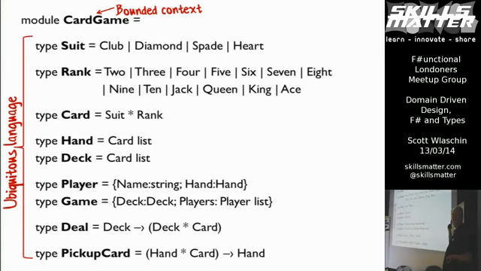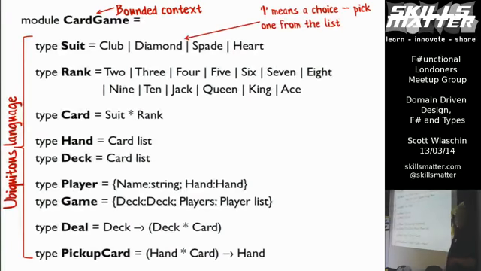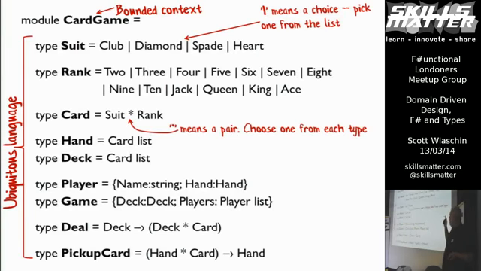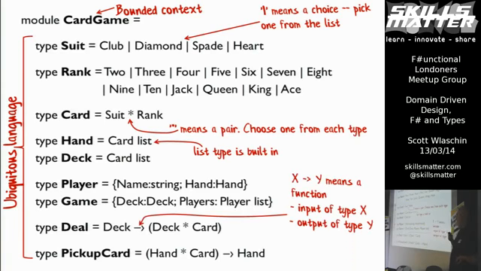So for people who are not familiar with F#, I'll just quickly run through how this works. The vertical bar means a choice, so a suit is a club or a diamond or a spade or a heart. The star is a multiplication, literally, so it's a suit, a pair of a suit and a rank. That's what a card is. The list type is built into F#, which is very nice, especially for this kind of thing. And finally, the ones with arrows are functions.